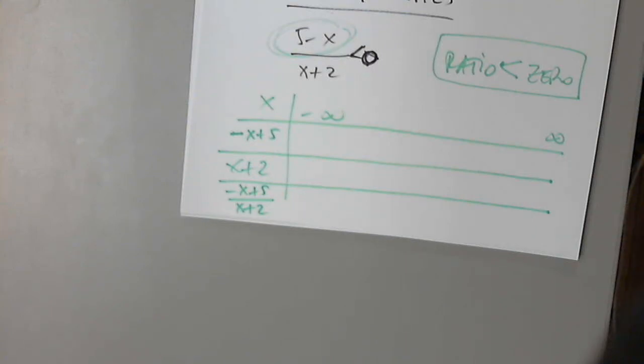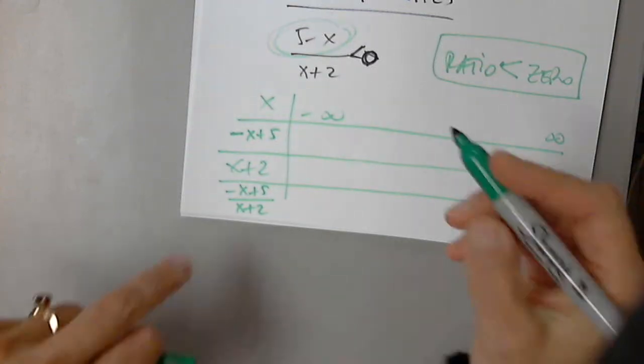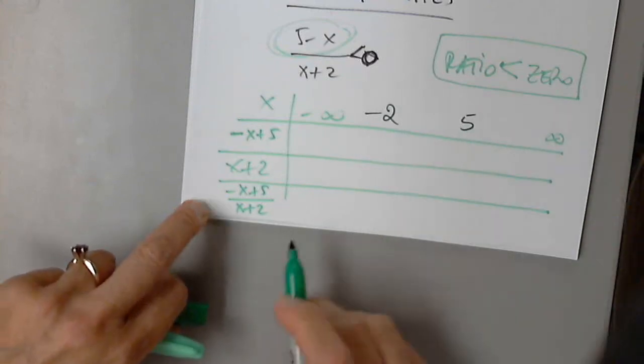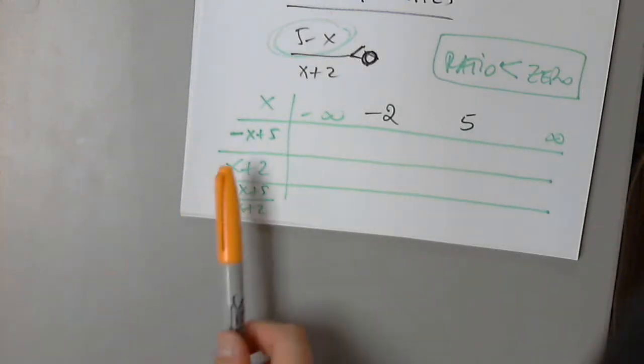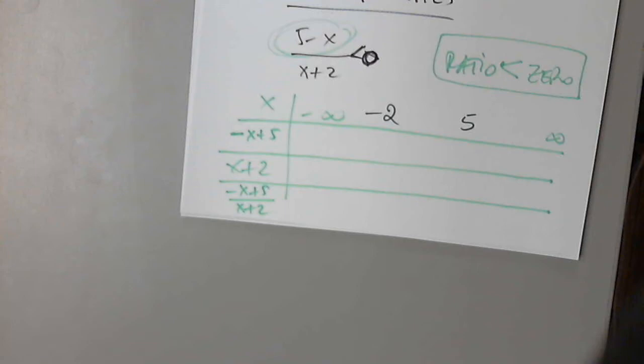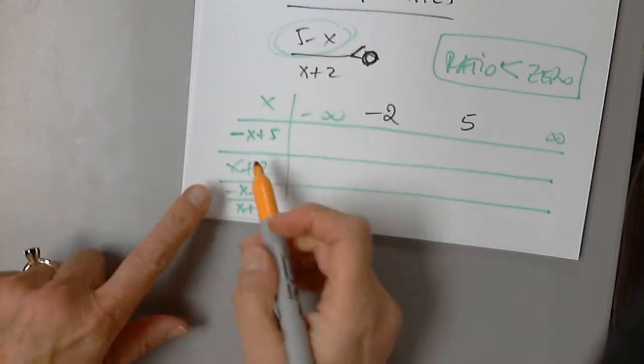Then I'm going to ask you, where is the first one 0? And you'll say for x equals 5. Where is the second one 0? Excellent. In ascending order, we have negative 2 and 5. Then we know there is a 0 under the particular number for negative x plus 5.